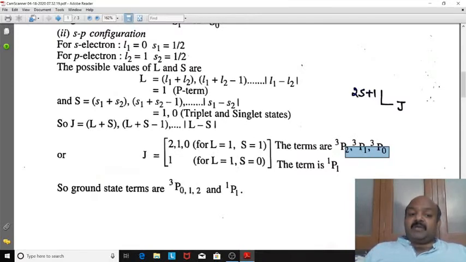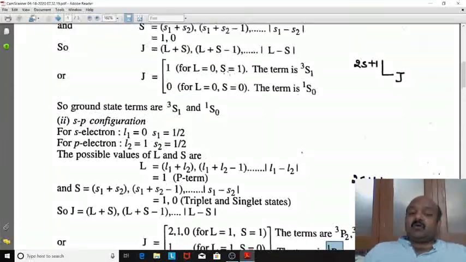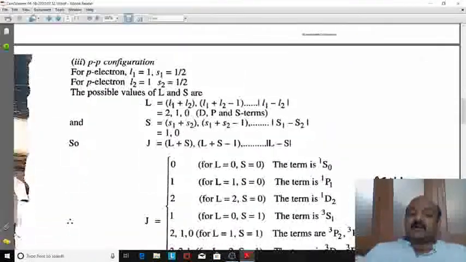Corresponding to this combination, L value 1, S value 0. So J is equal to 1 plus 0 is 1. Here 1 minus 0 is 1. So we will be having only 1 term, this one. So 4 terms are there for sp configuration, 2 non-equivalent electrons.